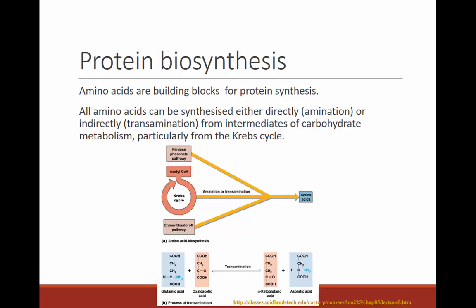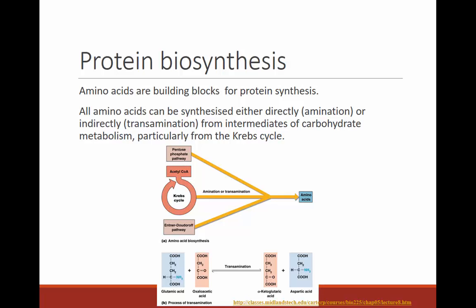Now with the protein biosynthesis, we're dealing with the same thing. We can get the building blocks, those amino acids, to make protein. And obviously if you don't have those amino acids in your diet, those essential ones, then some proteins cannot be made.